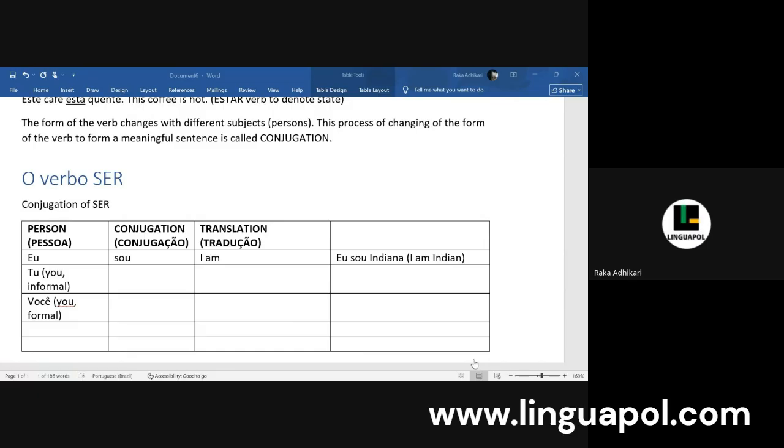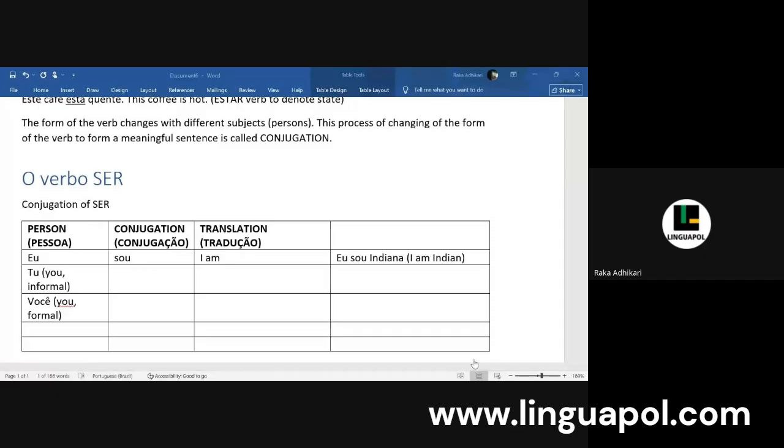Whereas if we are talking to a stranger, someone we don't know, then we will use você. If we are talking to a colleague or someone senior in your workspace, then you will use você. Or in any conversation which seems formal, we use você. So once again, to summarize, we have two words in European Portuguese, with a distinction of formal and informal, whereas in Brazilian Portuguese, we have only one word, você, for both formal and informal.